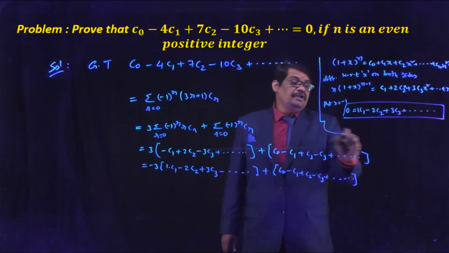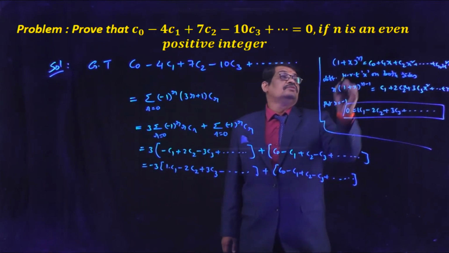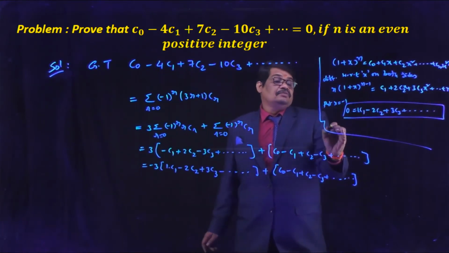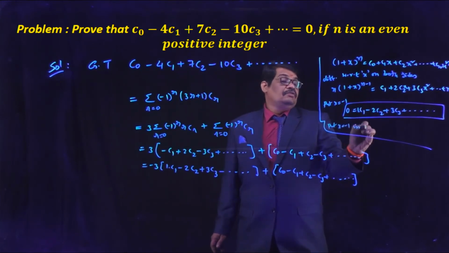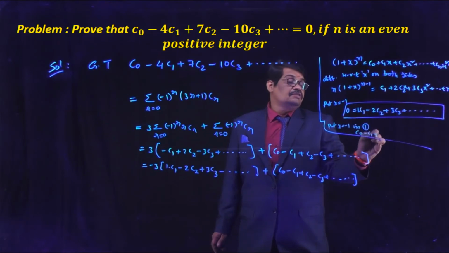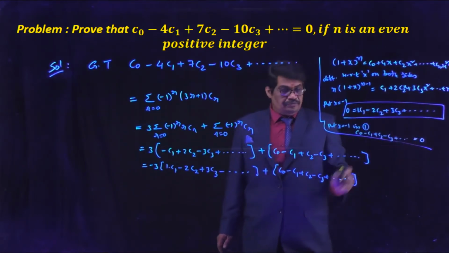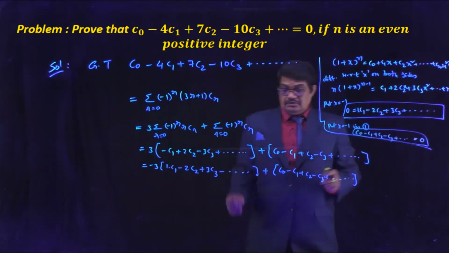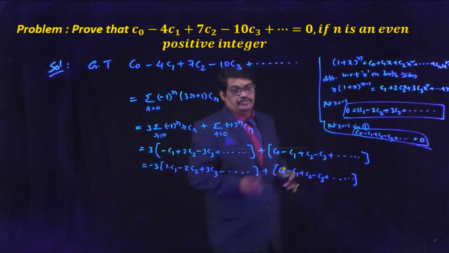And if we directly put x equal to minus 1 in equation 1, which we already discussed, we get C0 minus C1 plus C2 minus C3 and so on. This will be 0. So these are results we have already done. This value is 0 and this value is also 0.